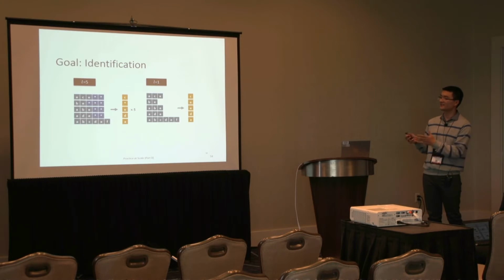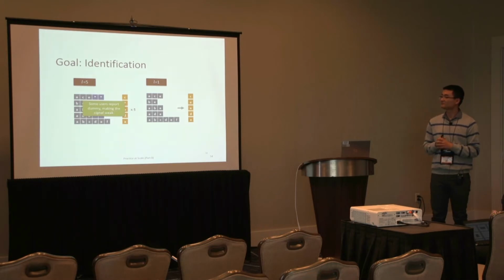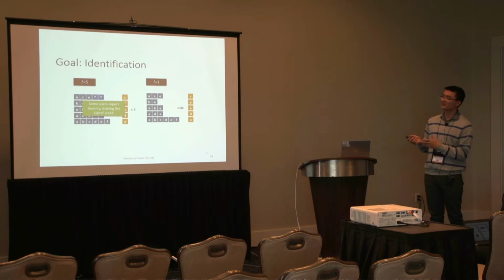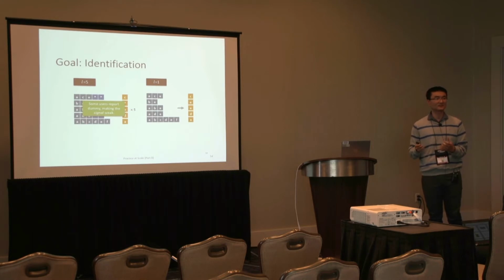our setting. So as we can see, we have two options. First is to set L to be quite large. Another is to set L to be quite small. The bad thing about the approach on the left is that some users may just report dummy, making the overall signal very weak.